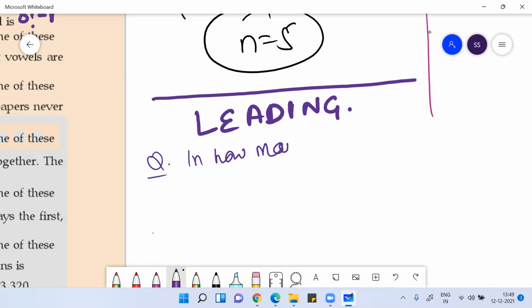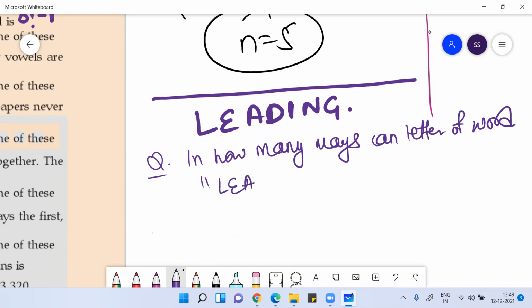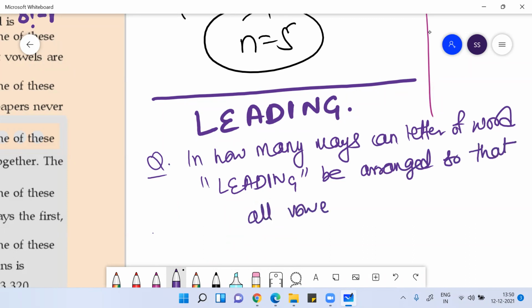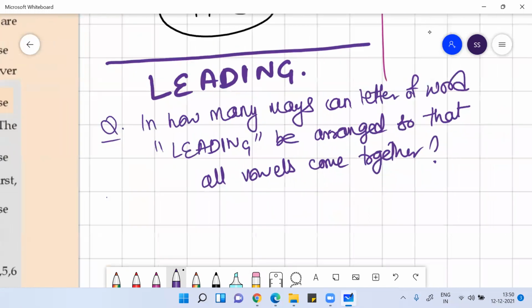If I ask you, in how many ways can the letters of the word leading be arranged so that all vowels come together? How will you do this?